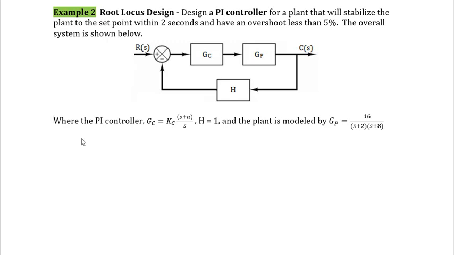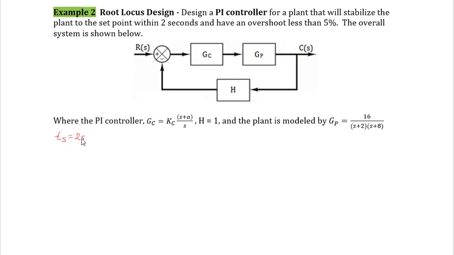So we'll start out by finding the closed loop transfer function pole location, P. The last example, this was what I referred to as S. So one of the things that was given in this problem was the settling time, and that was 2 seconds.